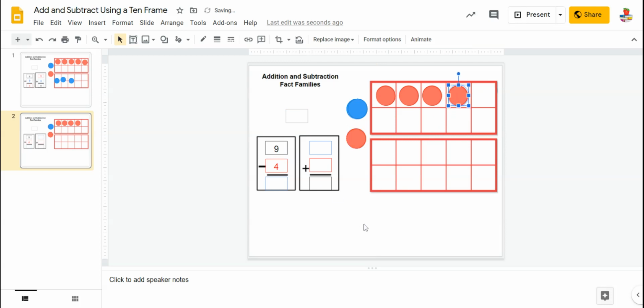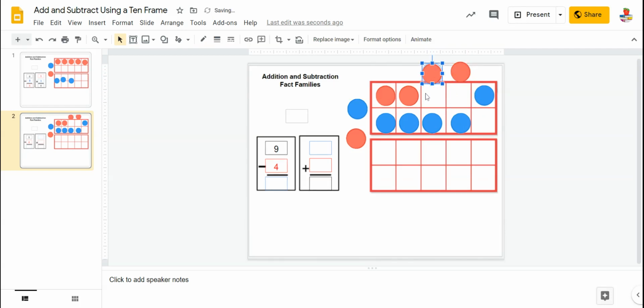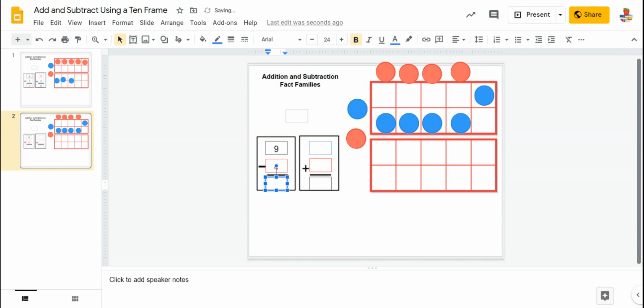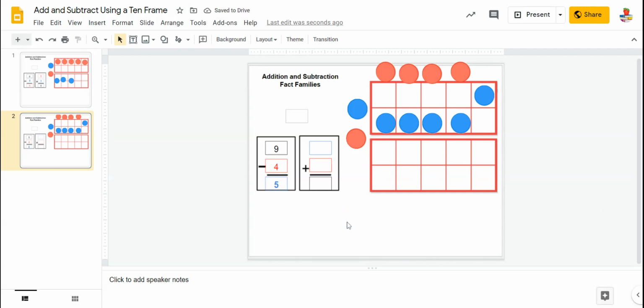And I'm going to count up until I get to 9. 4, 5, 6, 7, 8, 9. Okay, so now that I've got my 9 counters, it's telling me to take away the 4. Well, I know that if I started with 4 and I take those out, I'm going to be left with what I just counted up. 1, 2, 3, 4, 5, which is 5. The same ones that I just put together.